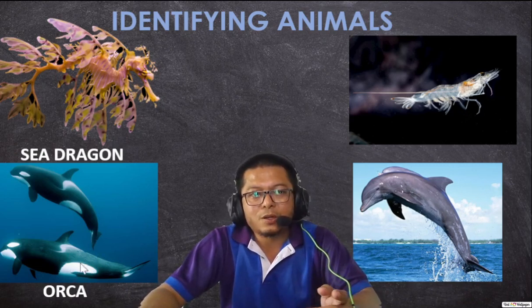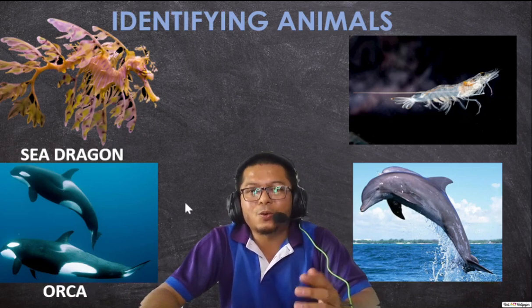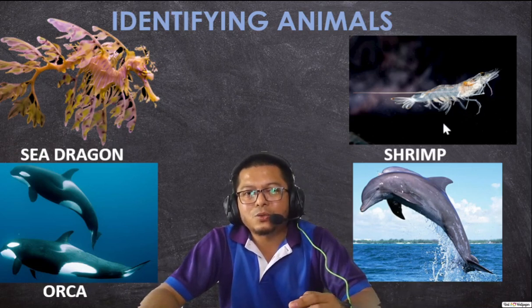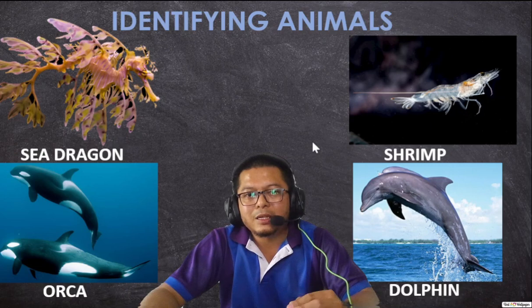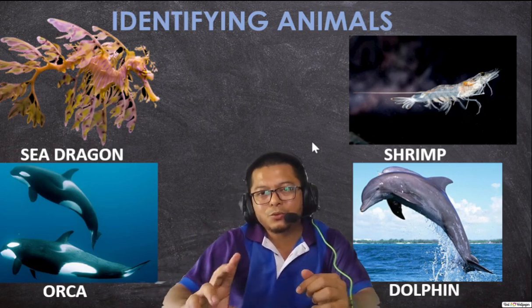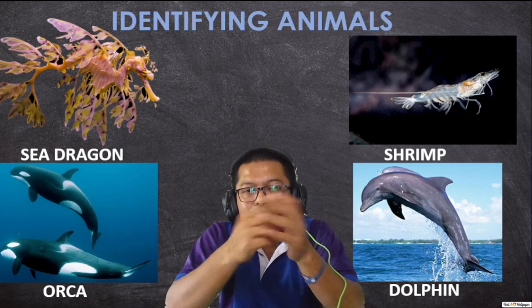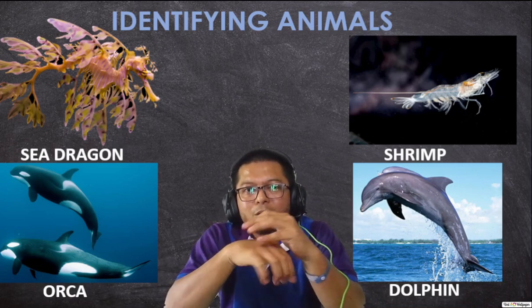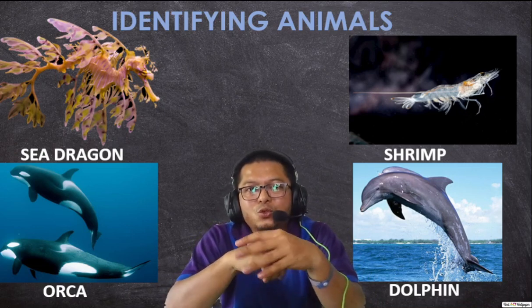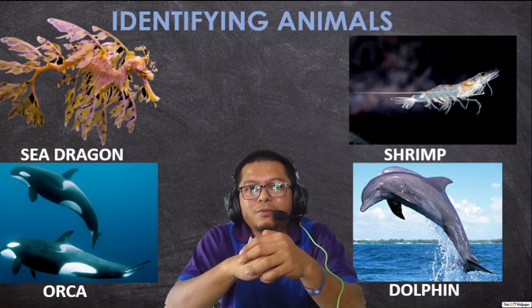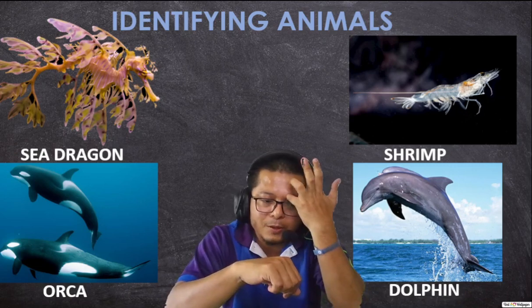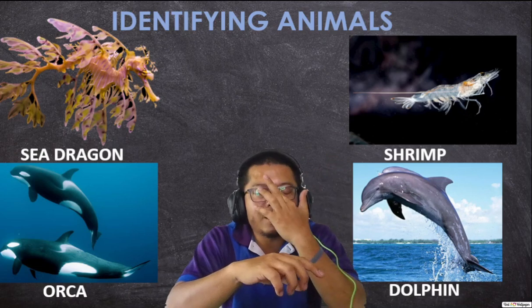So these are orcas. There are two orcas, so orcas. And this is a shrimp, and this is a dolphin. Now shrimp and prawns. If I've checked the internet, shrimp and prawns are different. Usually prawns are udang air tawar.